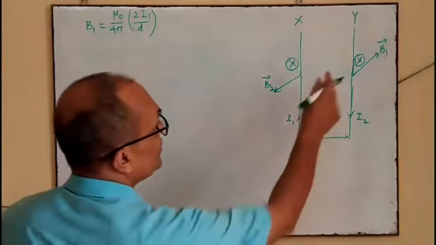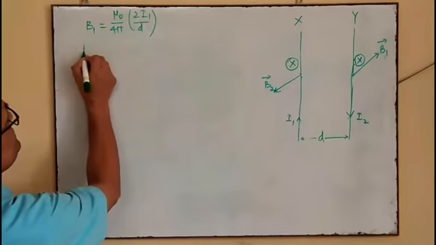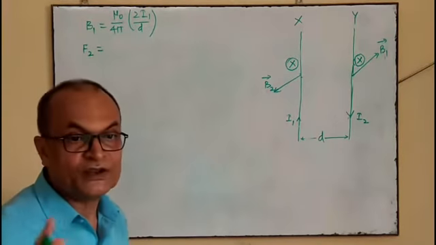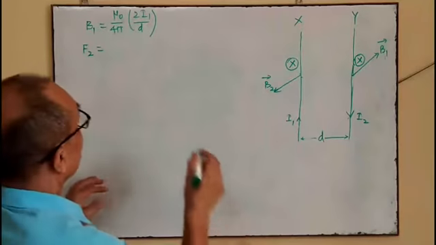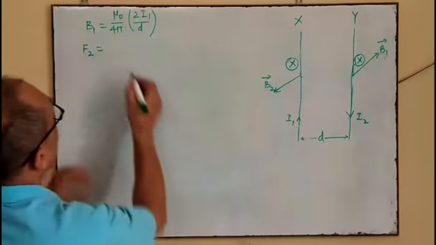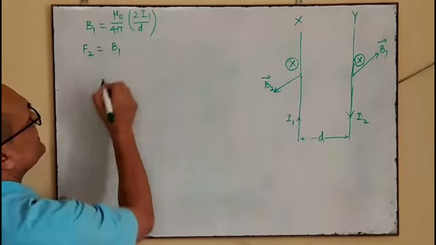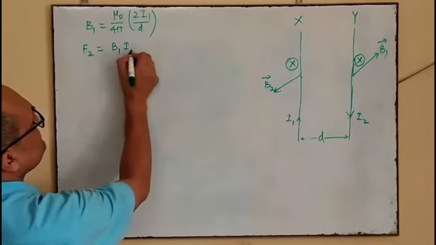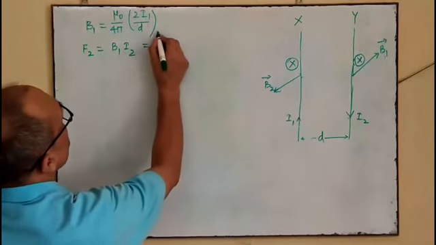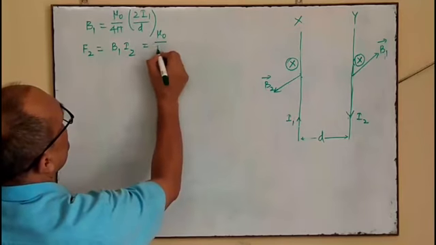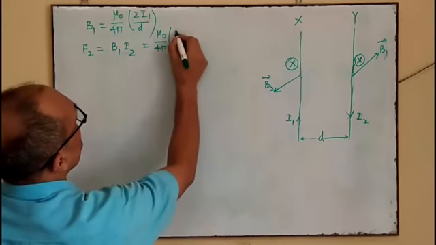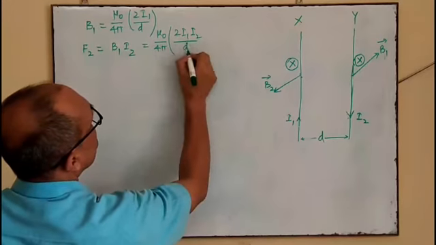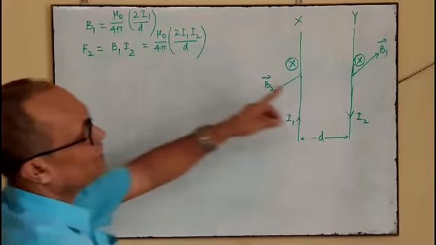So the force on this one, F2, will be equal, using the same formula BIL, where B is B1 and the current flowing through this is I2. This equals mu naught by 4 pi, 2 I1 I2 by D. This is the force acting on this one.